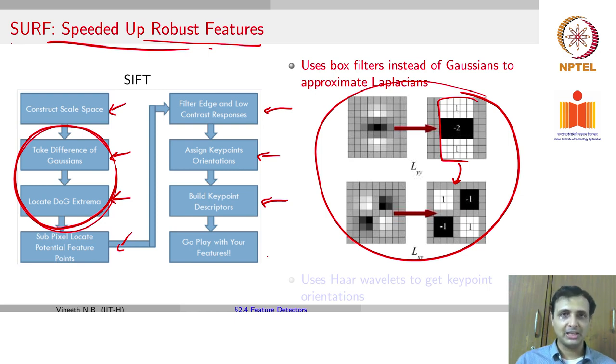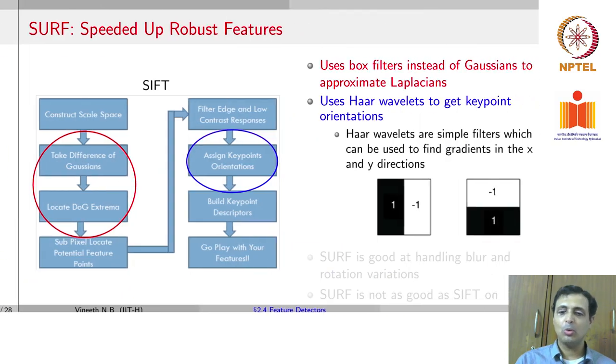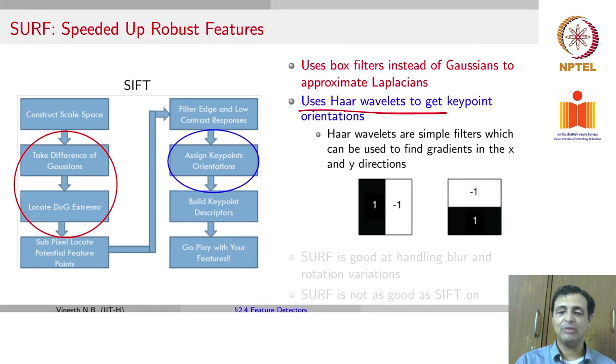All of those combinations are typically called box filters, and they together form what are known as Haar wavelets. We're not going to go into wavelets here, but you could look at wavelets as a generalization of a Fourier basis. So we use the Haar wavelets, which are your Haar filters such as these, to get key point orientations.